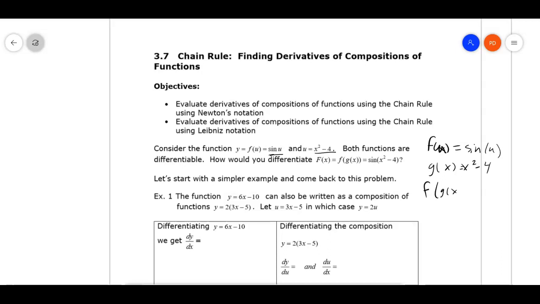I wrote f of x, should be f of u. F of g of x is simply function f is a sine, and inside you're going to have an x squared minus 4. So in this case, sine is the outer function, and x squared minus 4 is what I'm going to call the inner function.